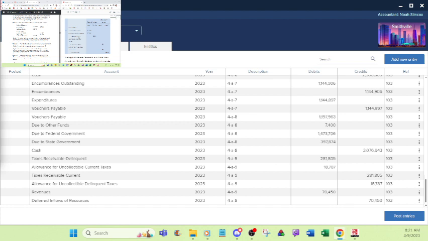So therefore, the second entry will be a debit, the first entry, in fact, will be a debit of fund balance for 9,000. So I had to do all that mental gymnastics, but it could have been avoided if I had just done the entry first.